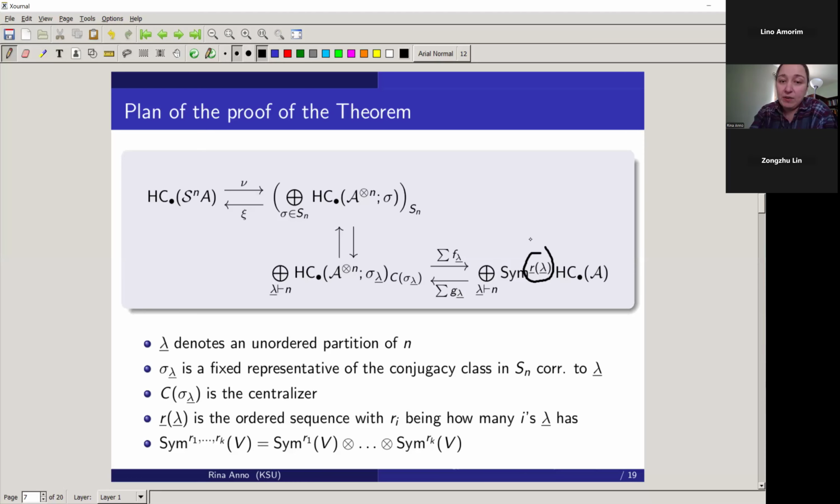And for each i, let R sub i be how many times i is in the partition lambda.